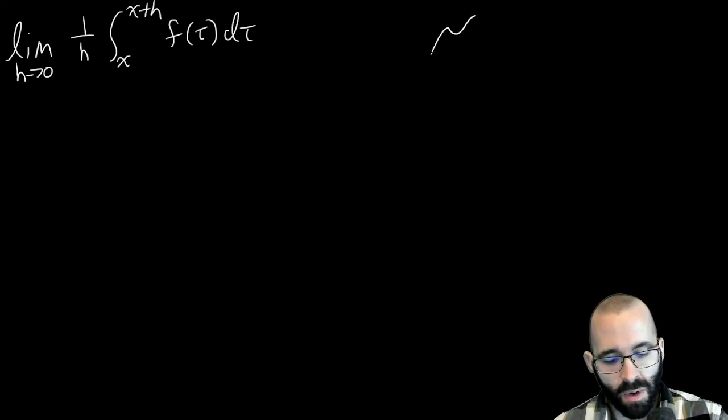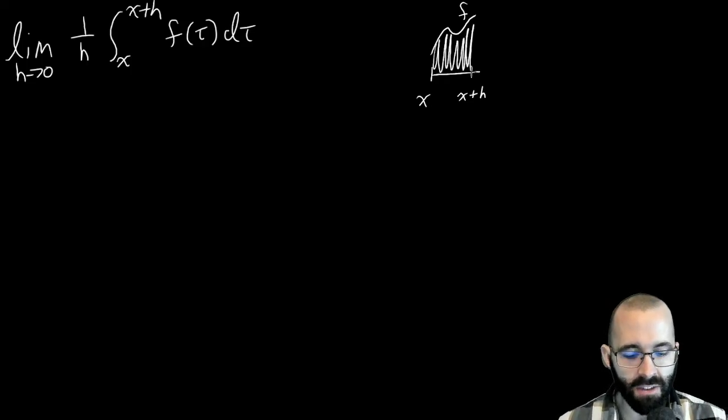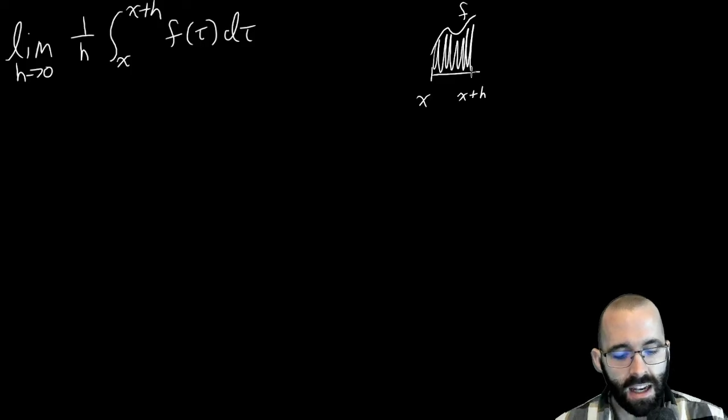Because really what we're looking at is that the integral is just the area under this function from x to x plus h. And h is just the width of the interval.